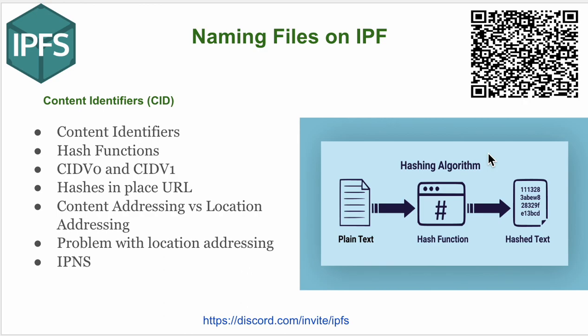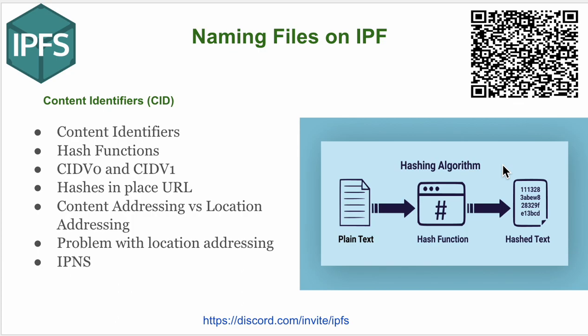The concept is that instead of using location to determine how you access content, we use the hash of that particular content. So you hash the content itself, it generates a CID, and people can access that content using the CID.